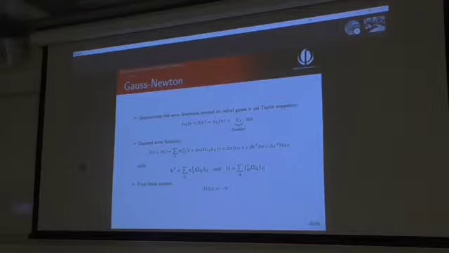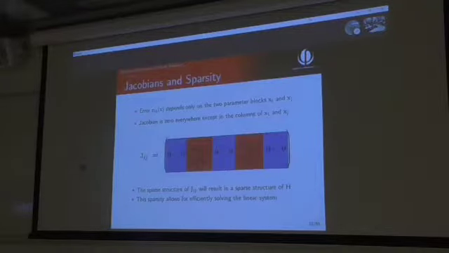And an important point is that a Jacobian is the matrix of partial derivatives of the error in every dimension of the state. But one of the main advantages of computing this is that the Jacobian is sparse, because the error between two nodes depends only on the position of those nodes.